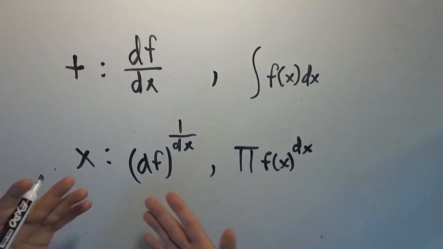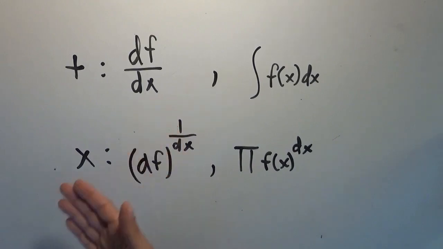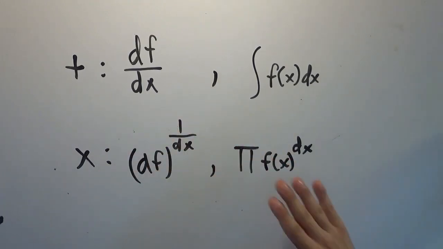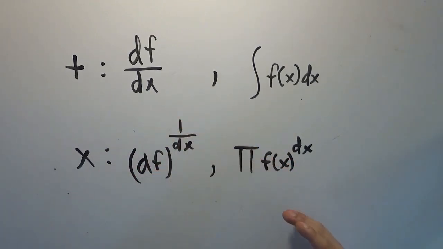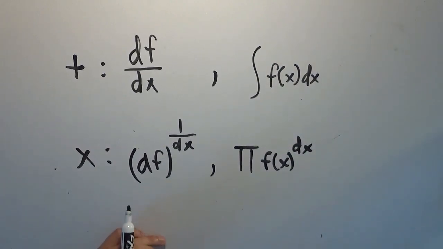Like regular integrals are just the areas under curves, and regular derivatives are just the slope of a curve at a certain point, like the slope of the tangent line to a curve. But with these two things, I'm not really sure what they mean in a physical sense. I don't really have much of a concept of that, and I would really love to learn more.